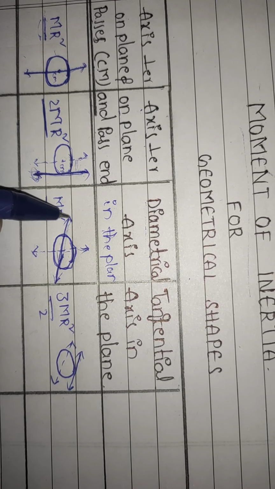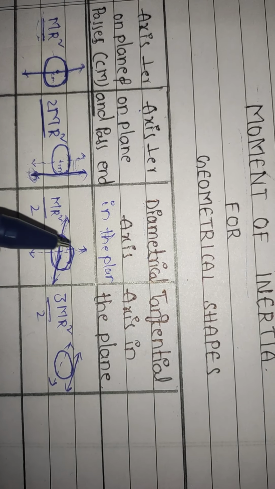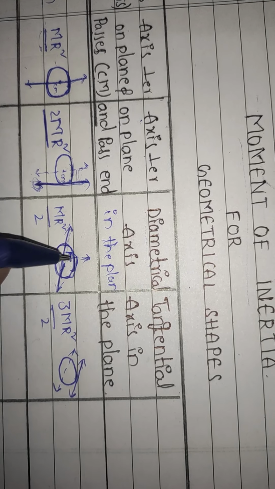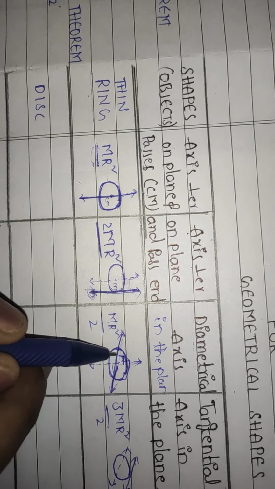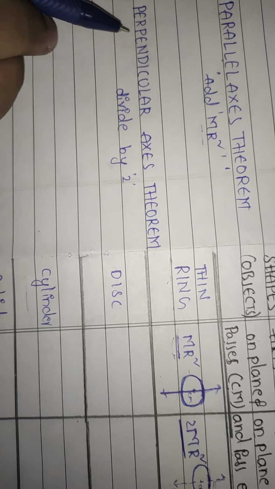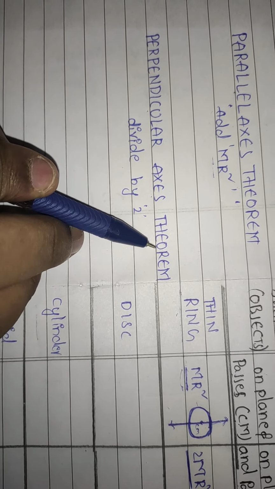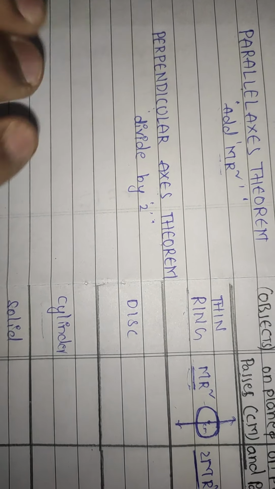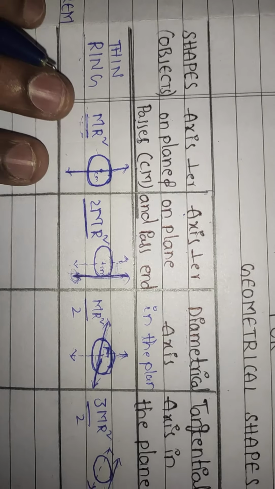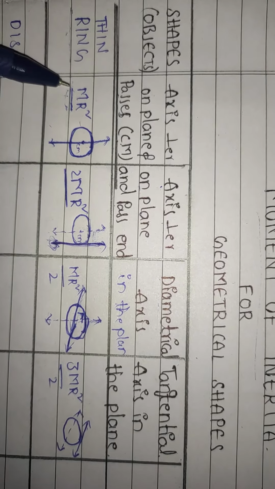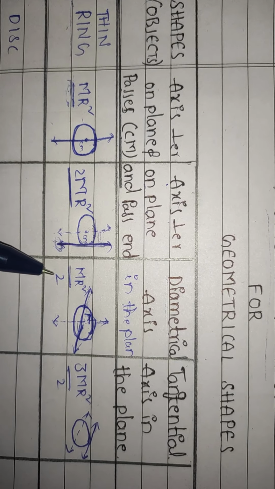Now the diametrical axis is perpendicular to the first one, right? See, this is 90 degrees. Now these two are perpendicular to each other, so we have to apply perpendicular axis theorem. Perpendicular axis theorem means nothing but divide by 2. The first thing we have taken, mr square, is divided by 2.